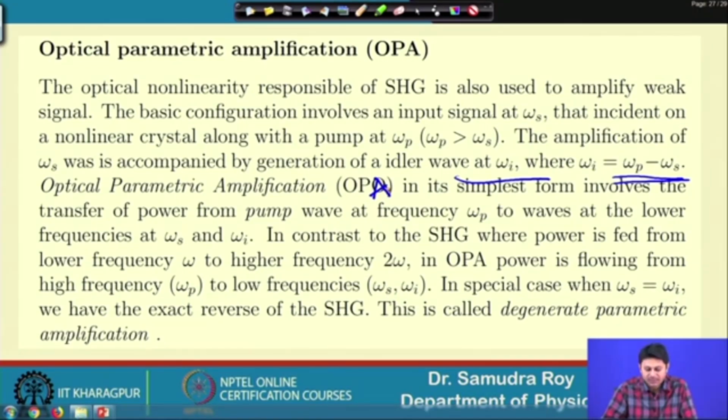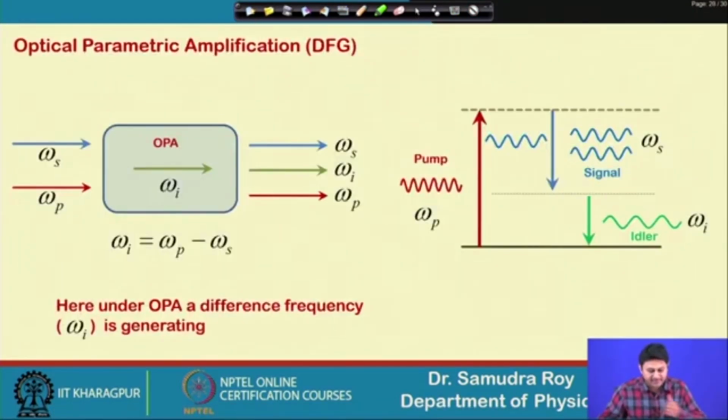So, now we will remove this degeneracy and try to understand what happens in general if omega s and omega I are not the same, that means the non-degenerate case. Okay. So, let us understand this process in a more systematic way.